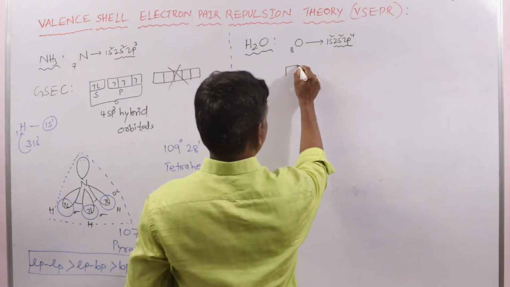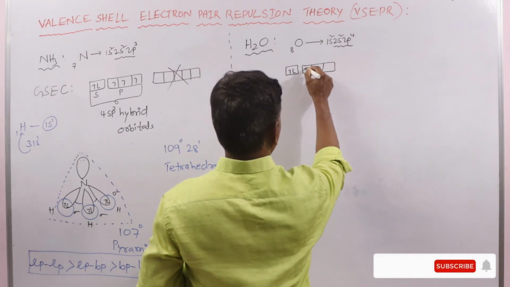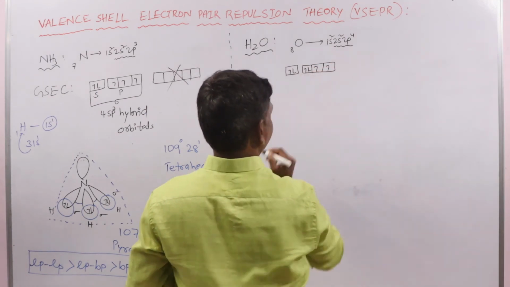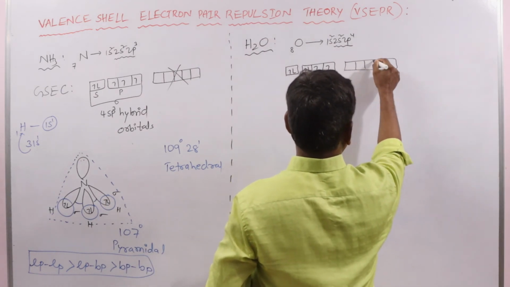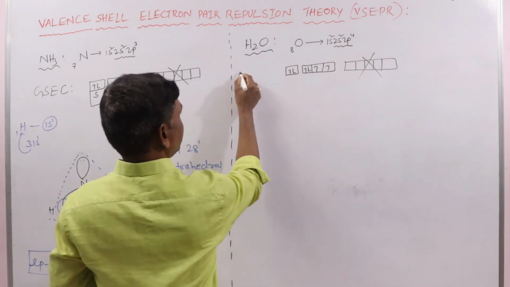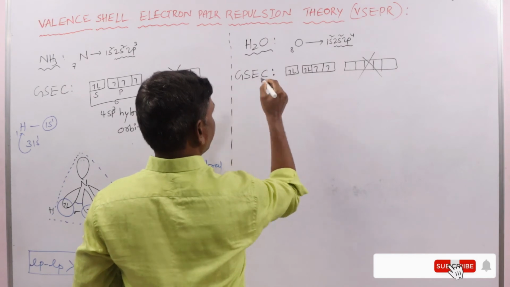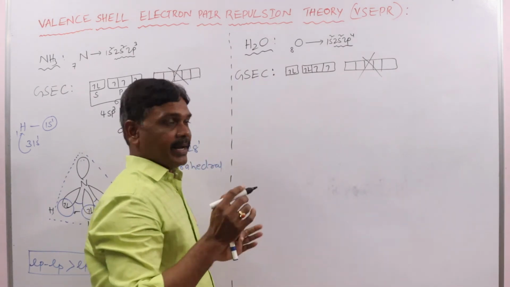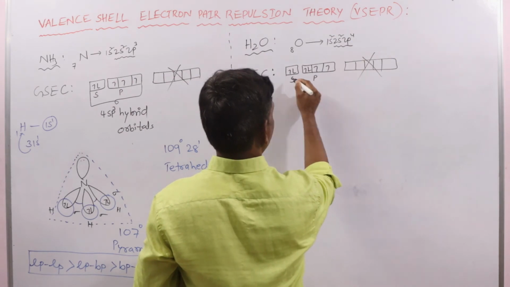In the second energy level, there is no availability of d orbitals. This is also known as the ground state electronic configuration. This is the s orbital, and these three are p orbitals.